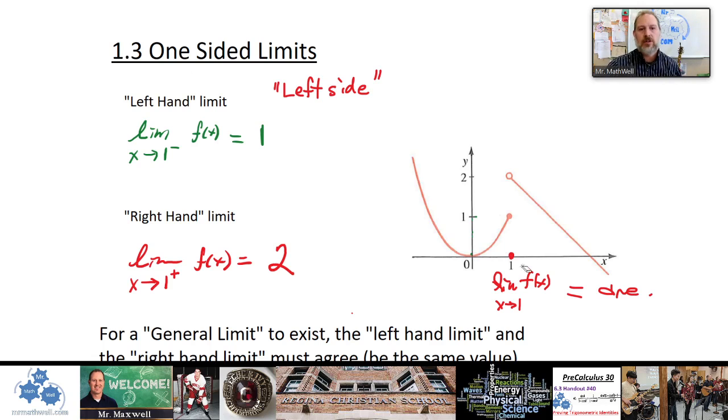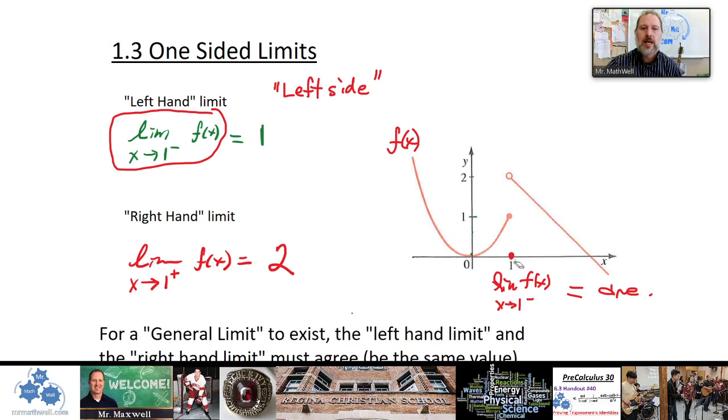So if we talk about this in terms of left-hand limits, let me do this. The limit of f of x as x approaches 1 from the left side. If this red graph right here is f of x, I can see that as x gets closer to 1 on the left side, the graph gets closer and closer to y equals 1.